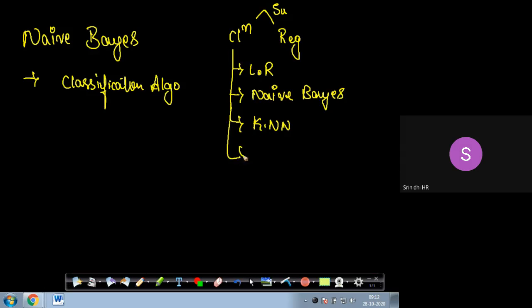And also we have support vector machine, or we can call it SVM. These are the main algorithms involved in classification kind of problem. So one is logistic regression, second is naive Bayes classifier, we have KNN and we have SVM.